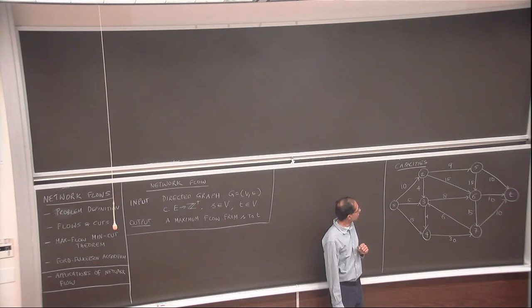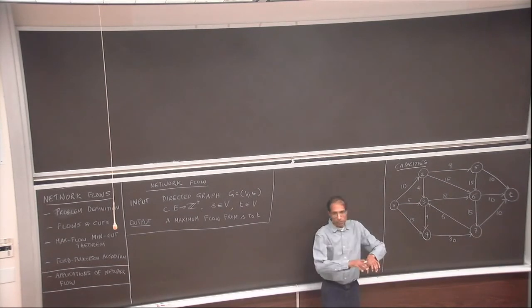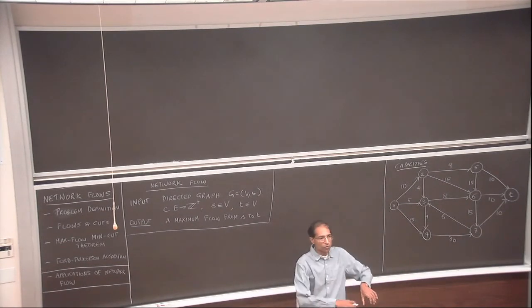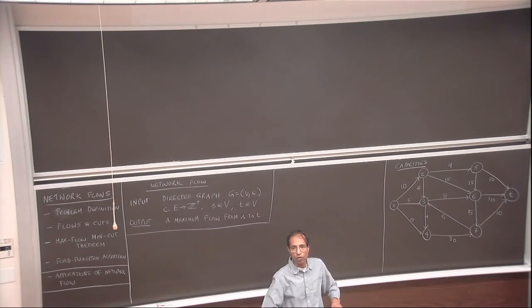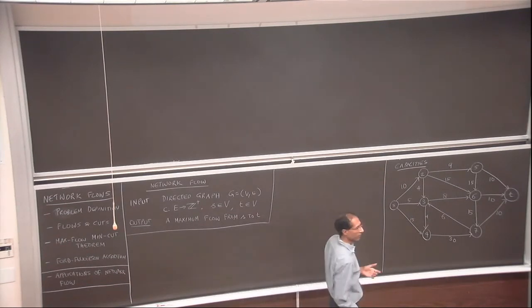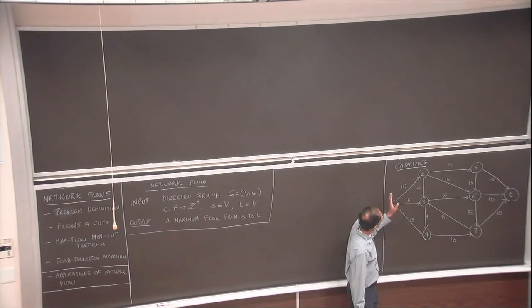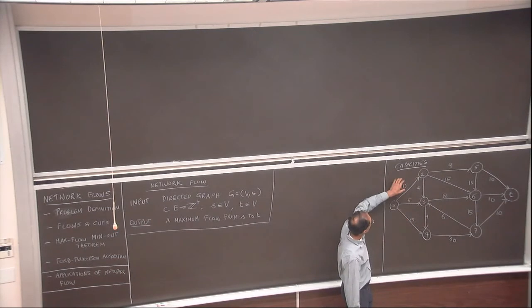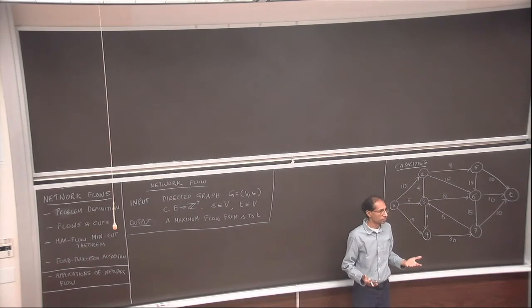Or you can think of these links as pipes. How much fluid can flow along these pipes over time? Think of this as an oil pipeline that carries oil. All of these links are pipes which have a certain capacity, so they can carry fluid at the rate of 10 units per second.